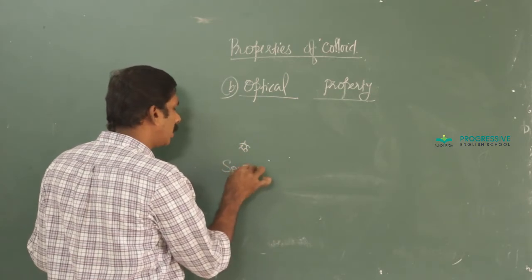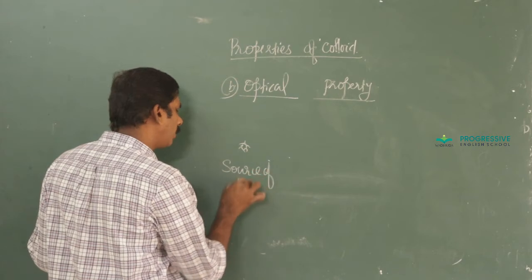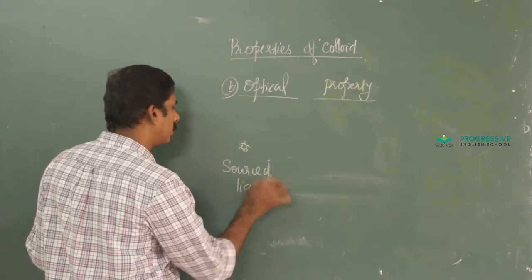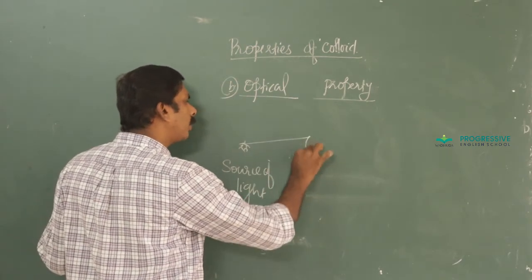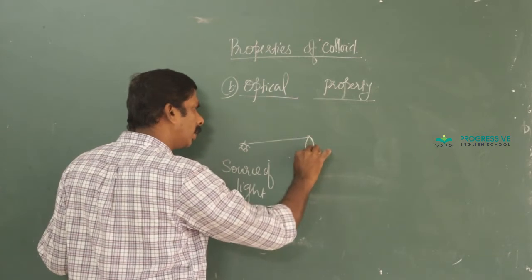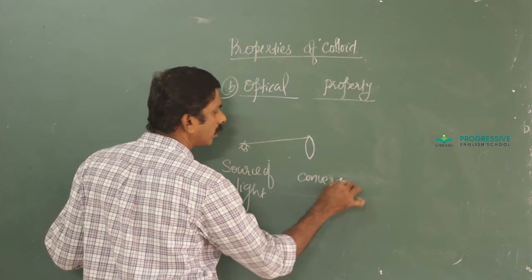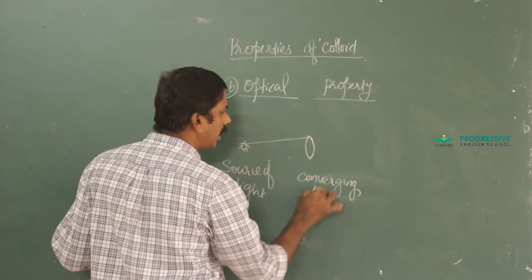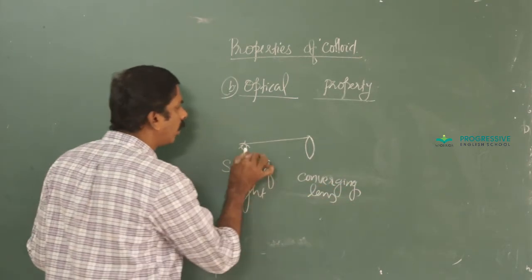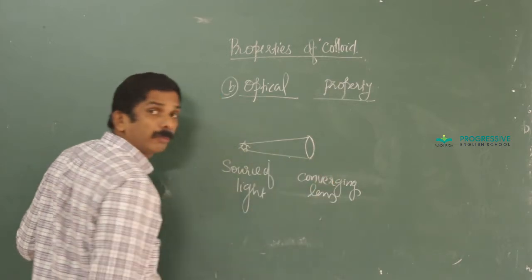This represents the source of light. It is passed through a converging lens, a convex lens, so as to obtain a narrow beam.